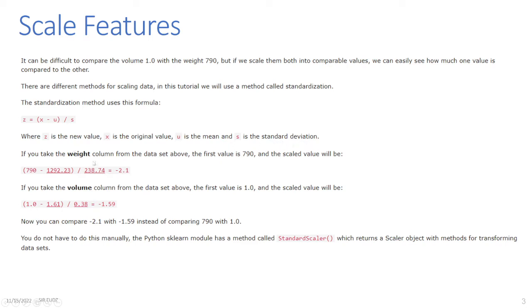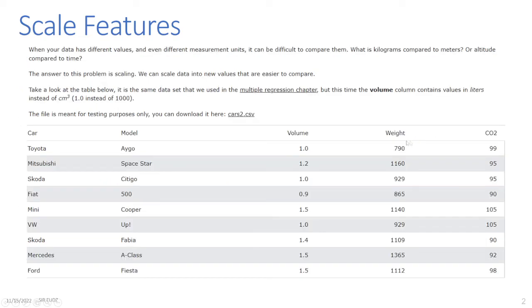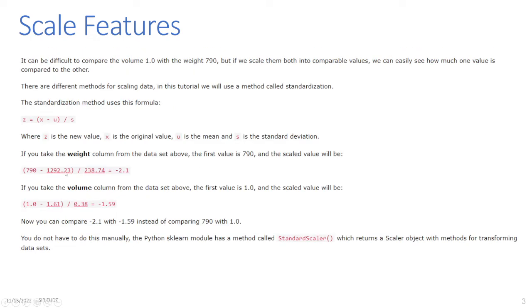If you take the weight column for the data set above, the first value is 790. We have to get the mean and the standard deviation, so 790 minus the mean divided by the standard deviation is equal to negative 2.1.